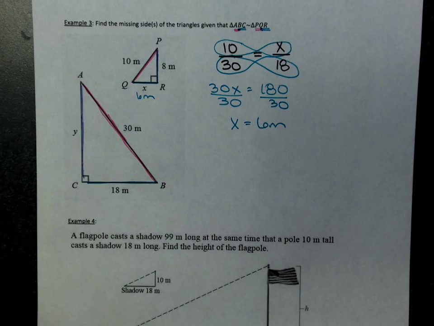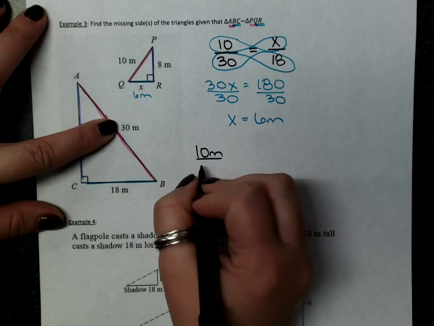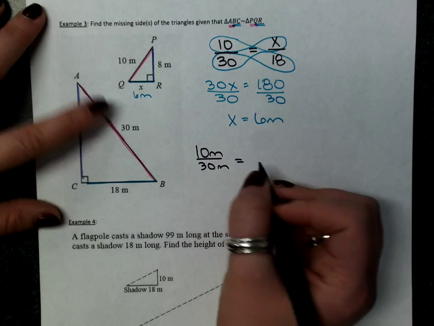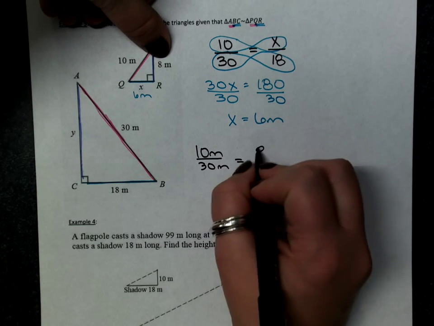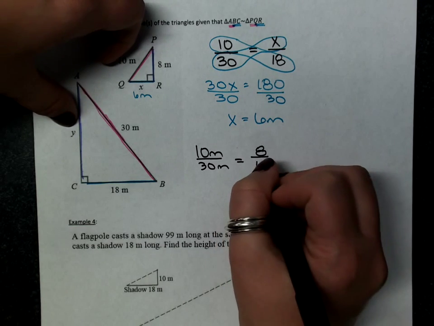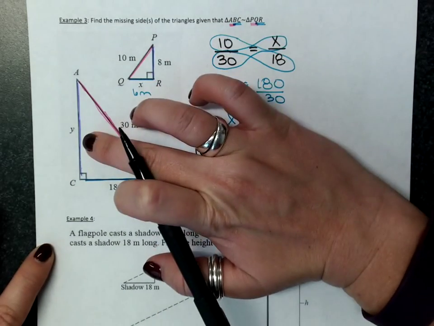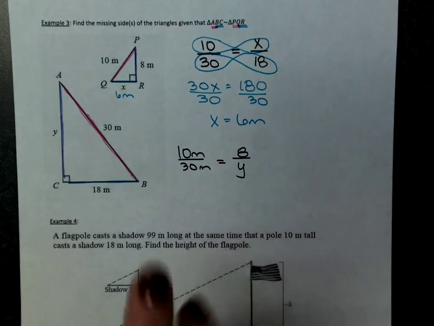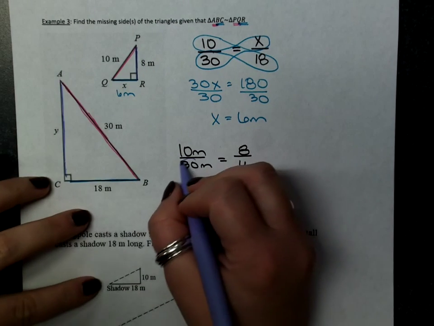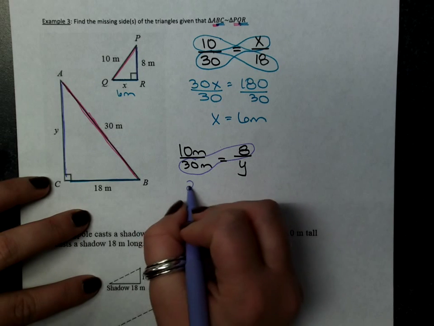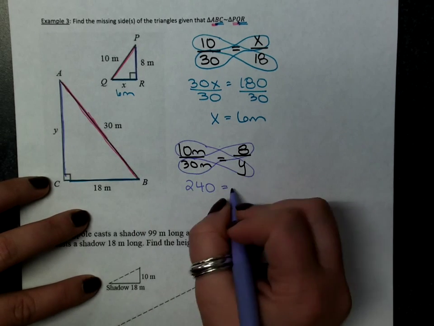Same idea to solve for y. We're going to use the ratio they give us. 10 is to 30 as, and since I went top to bottom, I have to be consistent here. 8 is to y. So top to bottom, top to bottom. And then cross multiply. 30 times 8 is 240 equals 10 times y, which is 10y.